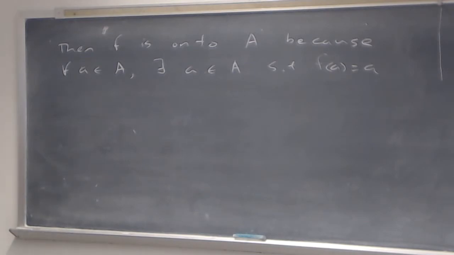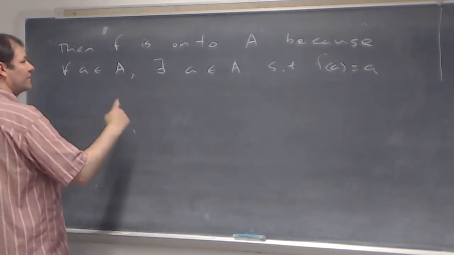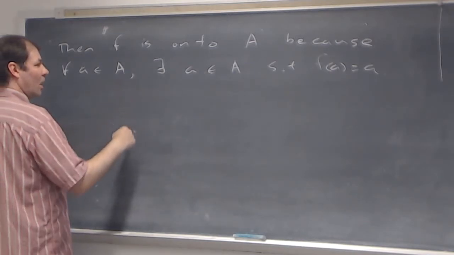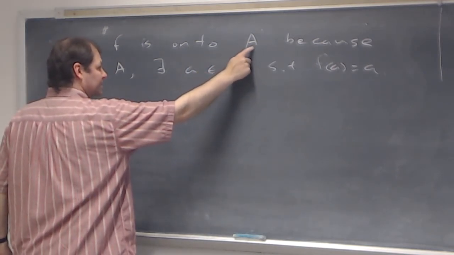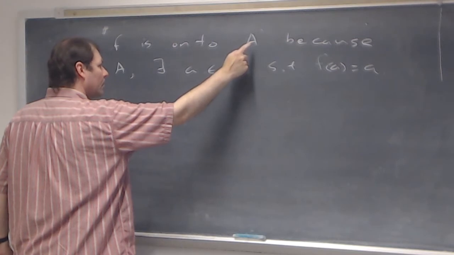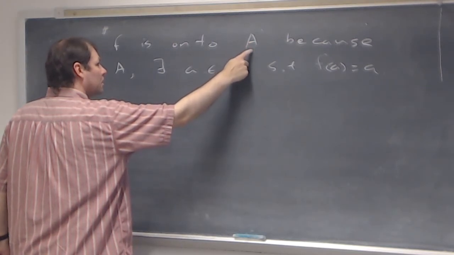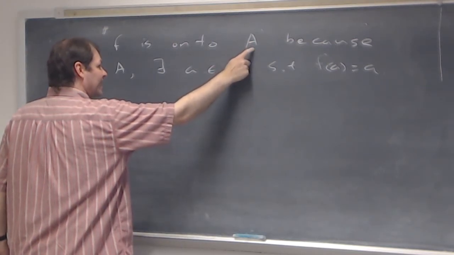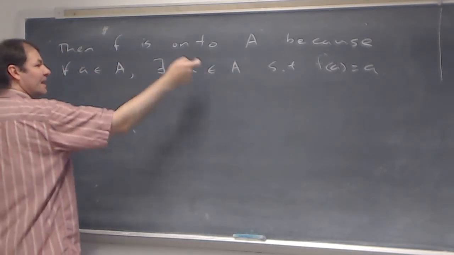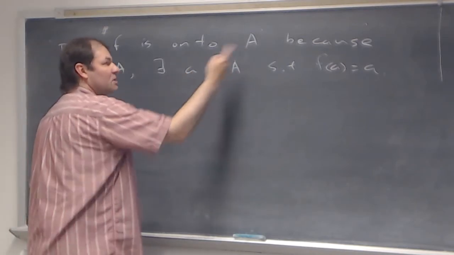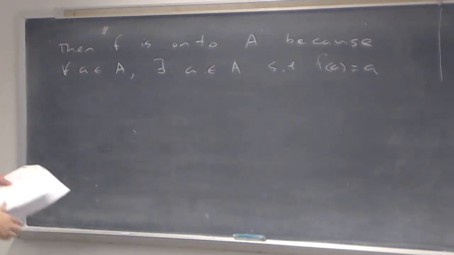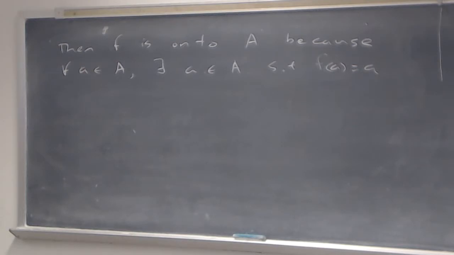Okay. So what does it mean to be onto? For f to go from A onto A means that in the image space, if you will, for everything in here, there is something in the domain that's sent to it. And for everything in here, that's an a, what's sent to it is itself, a. That's onto.